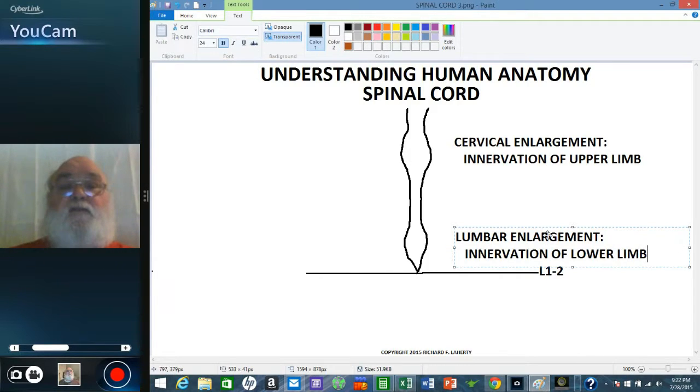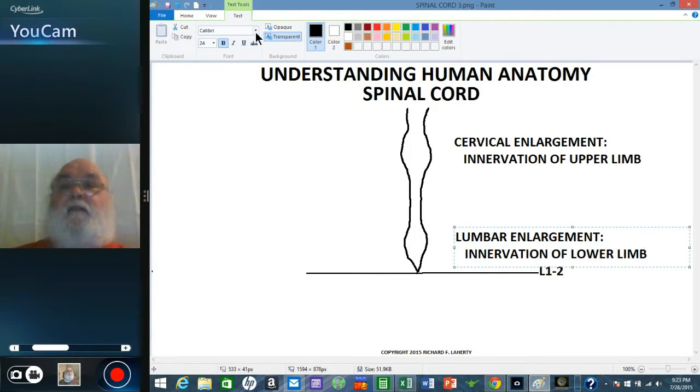So we have these two enlargements that are really caused by the limbs, which are very complex, needing lots of nerve cell bodies for their innervation. So it gets thicker.